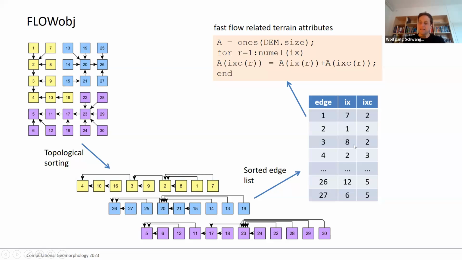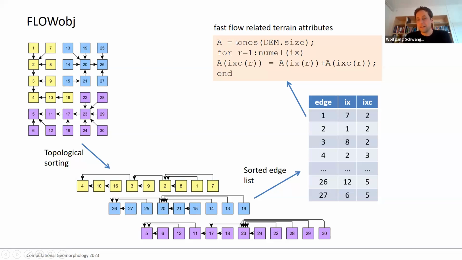And so we get this topologically sorted edge list, which then can be used to really quickly calculate flow-related terrain attributes. And in fact, what meant solving an entire system of equations in TopoToolbox 1 boiled down to just these 4 lines, basically.